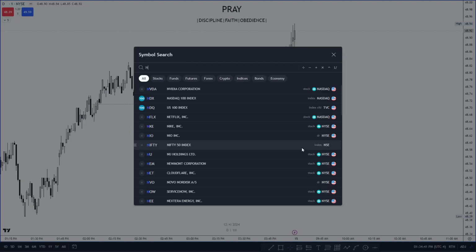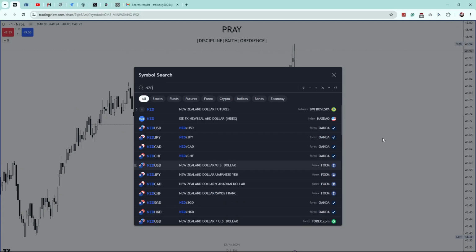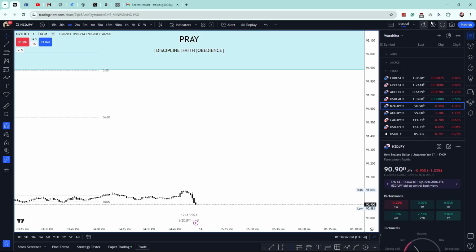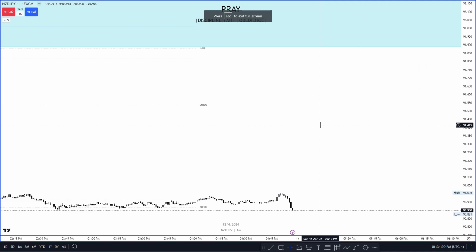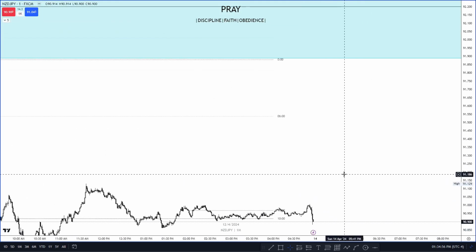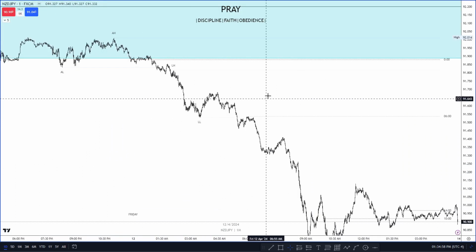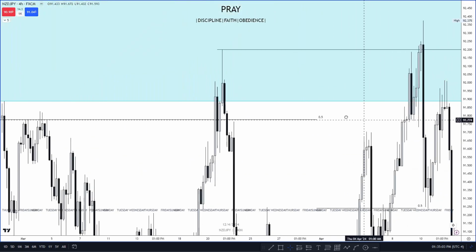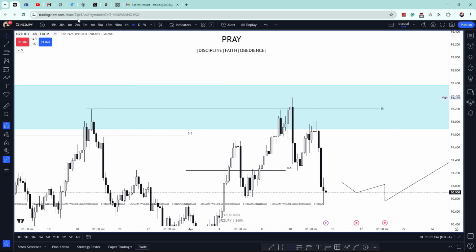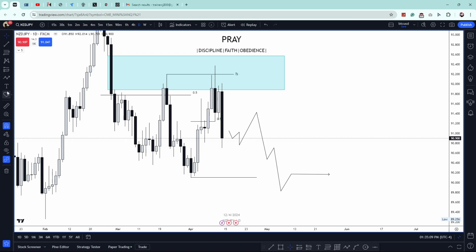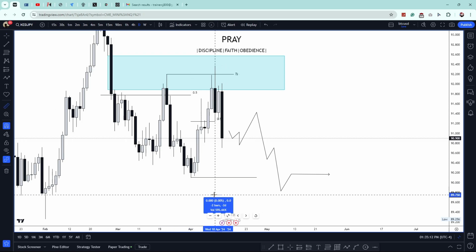Now, we go back on the daily. I apologize. We go back on the daily right here. If we were to go back to our daily time frame, 20 bars below, right?